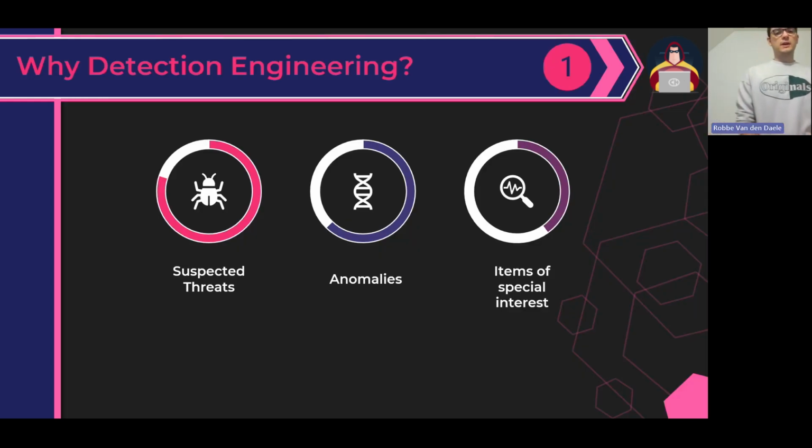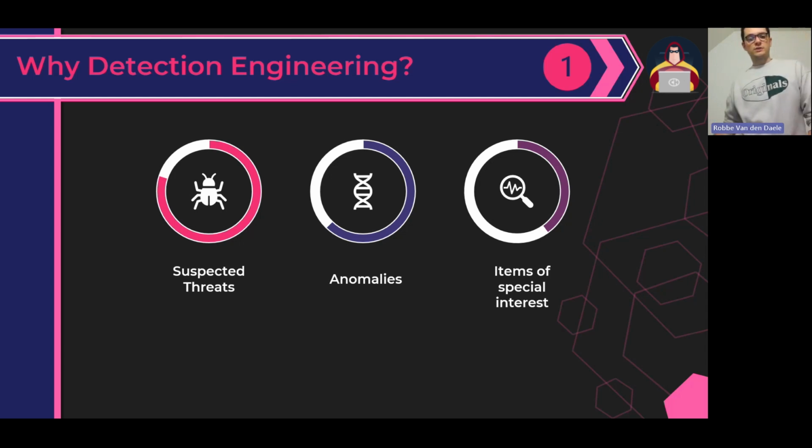So what can we spot with extra detection rules? For example, you want to spot a suspected threat, a very specific threat. The second reason might be anomaly detection. Or the third is that you want to detect a very specific item of interest.